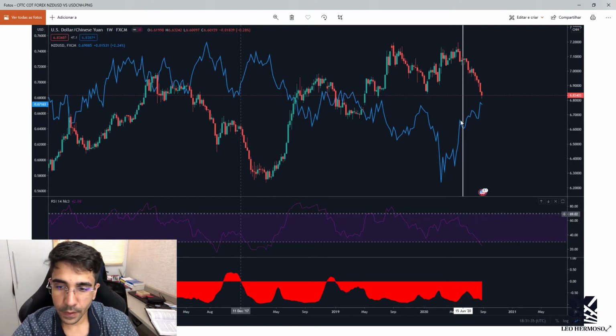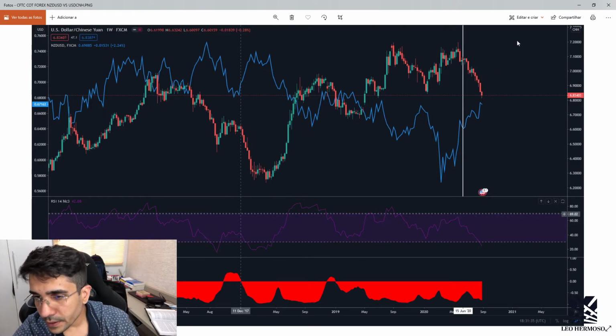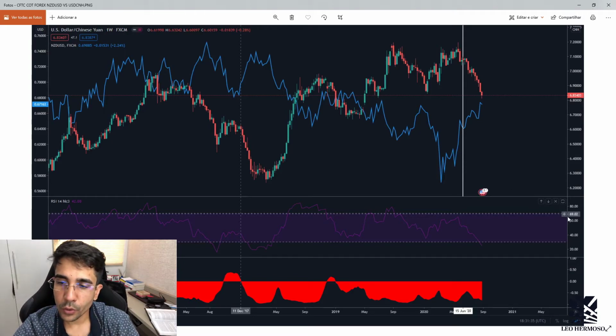And we are expecting a big movement to the upside on the US dollar. If you look at the chart of the USD China, you're going to see that this is exactly the mirror of the USDX. So if this starts to go up, for sure NZDUSD will start to go down.